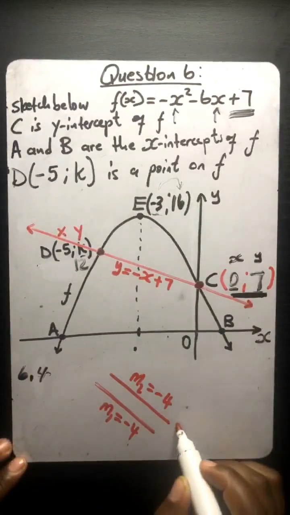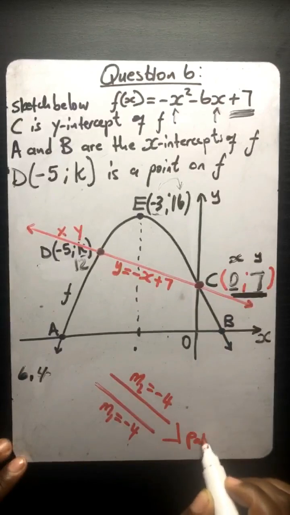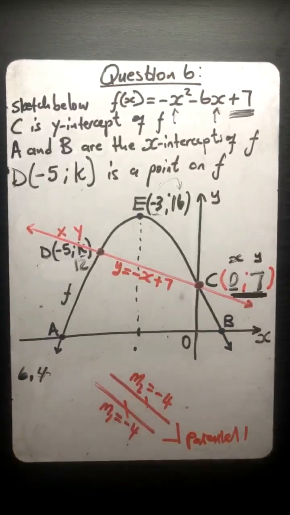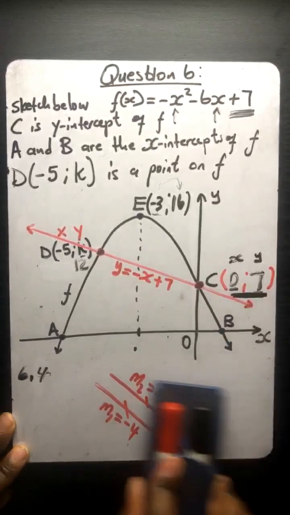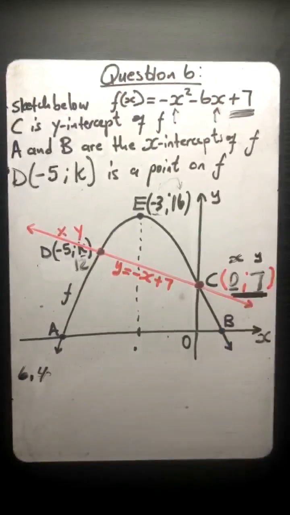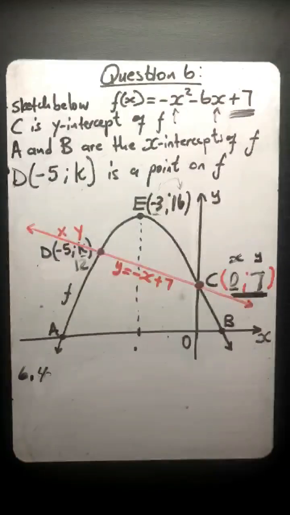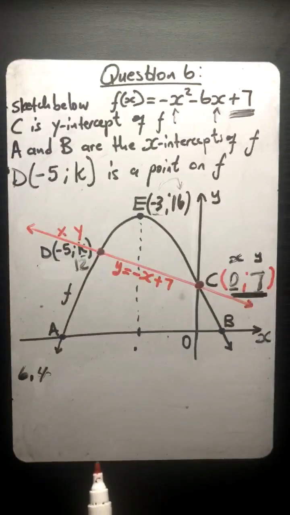Why? Because both of these lines are parallel to each other. So you need to always remember that parallel lines have equal gradients. They're saying a tangent parallel to CD touches f at P. That's a statement that we're just given.